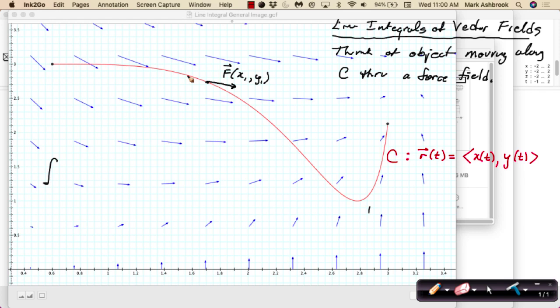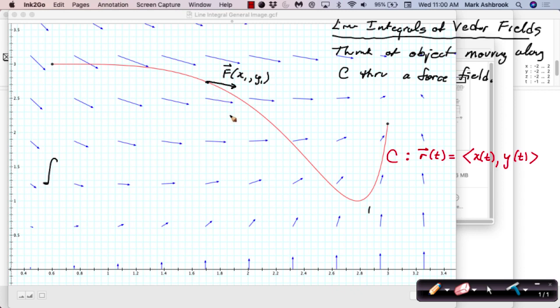And as that object is moving in this direction, there's going to be a component of that force applied to the object. The object is moving along this red line regardless of the forces, but the force is going to be pushing on that object, either helping it or hindering it.